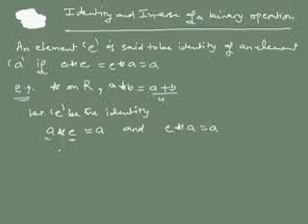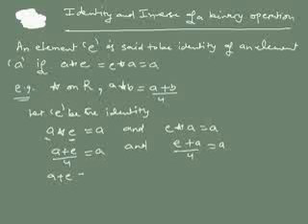So A star E should be A plus E by 4 is equal to A, and E star A should be E plus A by 4 is equal to A. A plus E is equal to 4A. So E will be 3A. So from here our identity E is 3A.